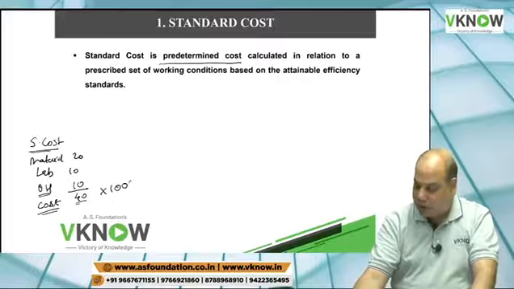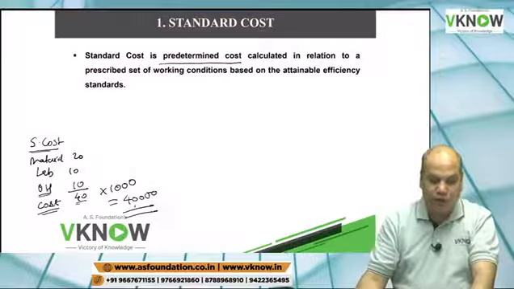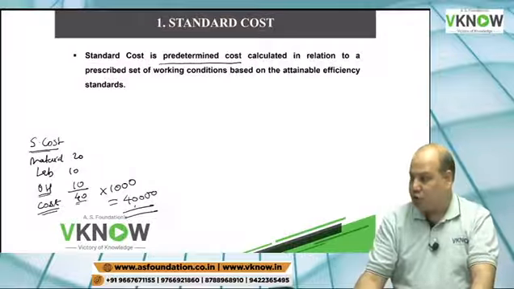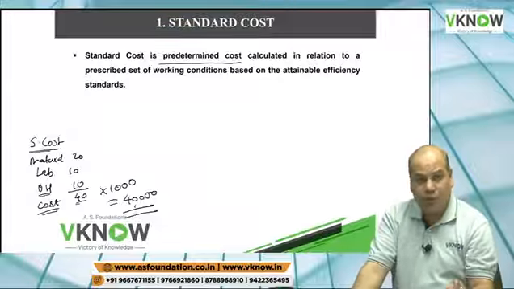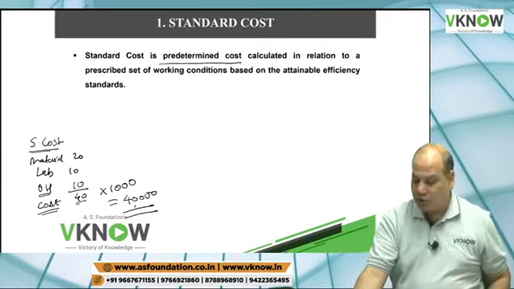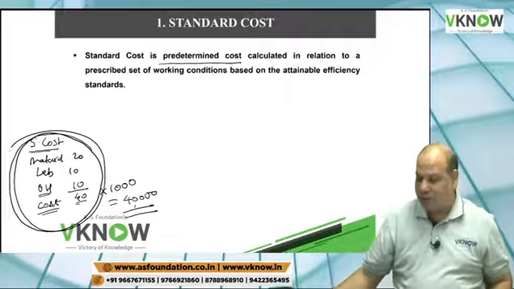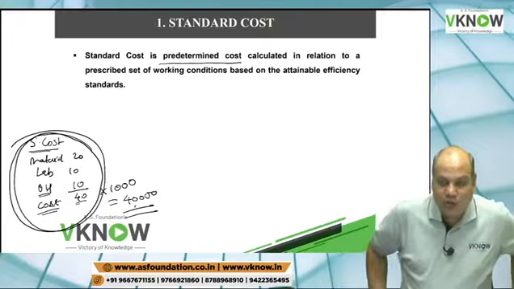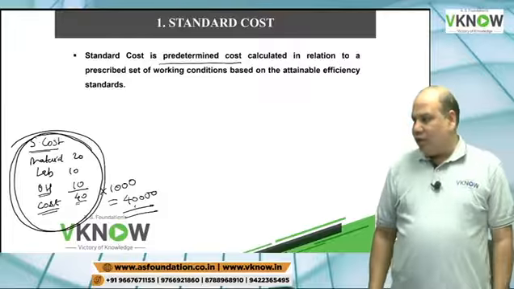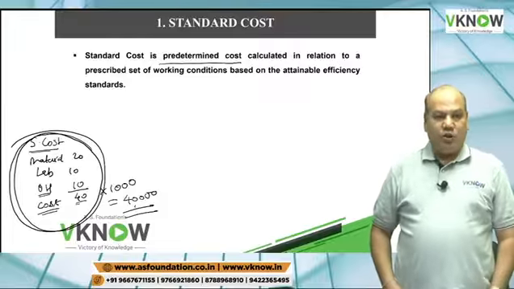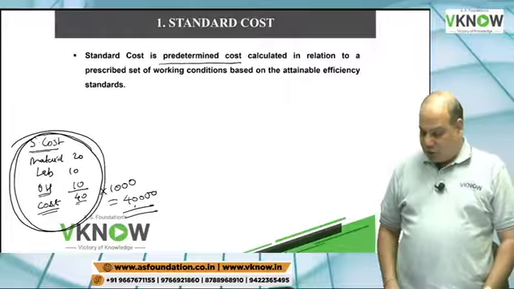At the end we have 1000 pens in the closing stock, so I will say the value is 40,000. This is called standard cost, based on predetermined cost, which we have determined in my cost accounting department. They say the cost of manufacturing this pen would be so much. So instead of going into actual calculation, I take the standard cost.